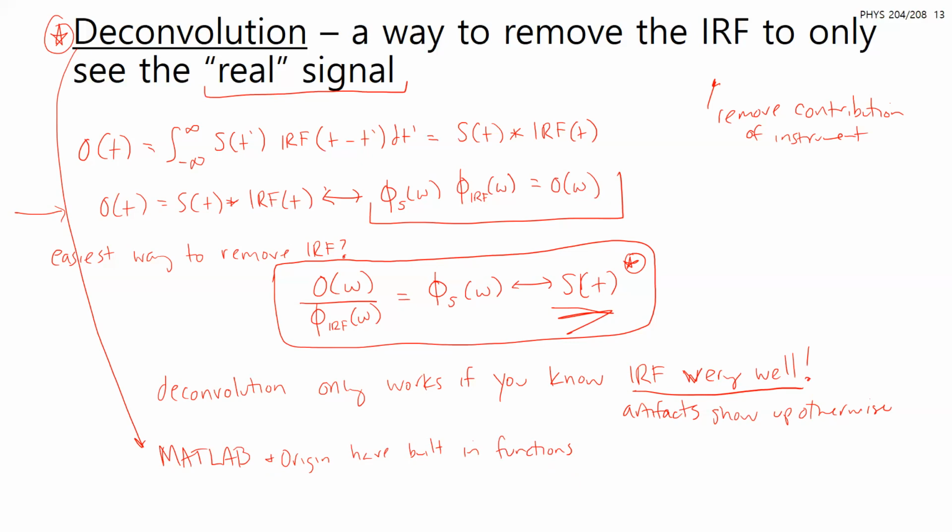So is deconvolution something that we would do mathematically afterward, or is there a way to do it physically with the signal? Yeah, typically it's something that you do in post-processing.